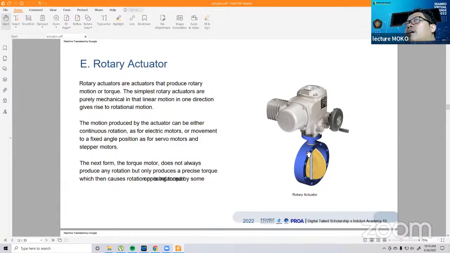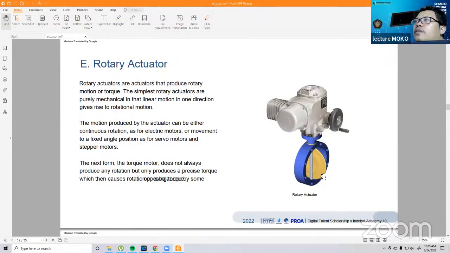One is a rotary actuator that can open in two positions, 0 degree and 180 degree. So there is a rotary actuator that can only move in two conditions. It will be open or it will be closed.